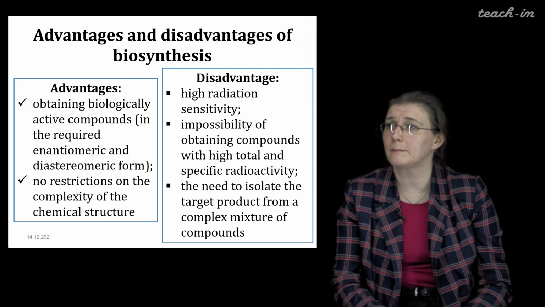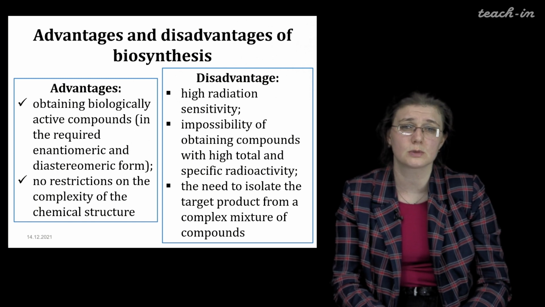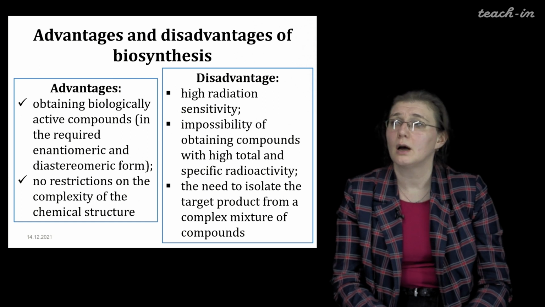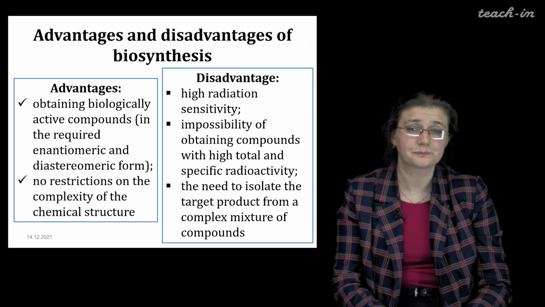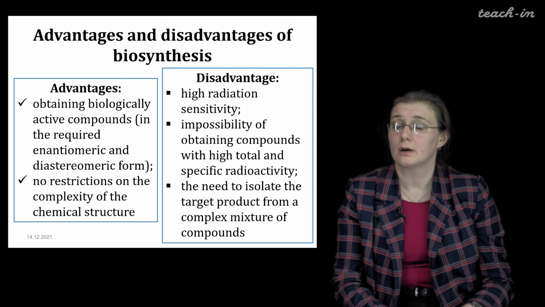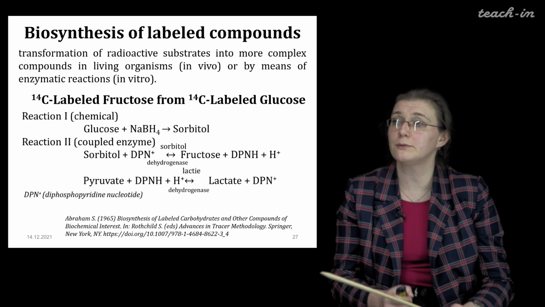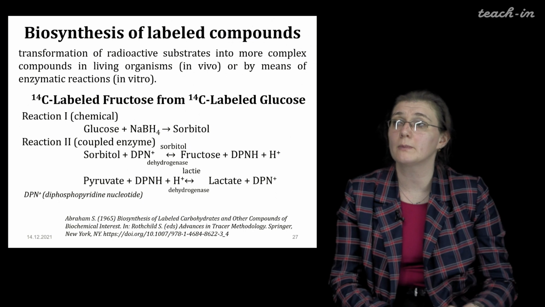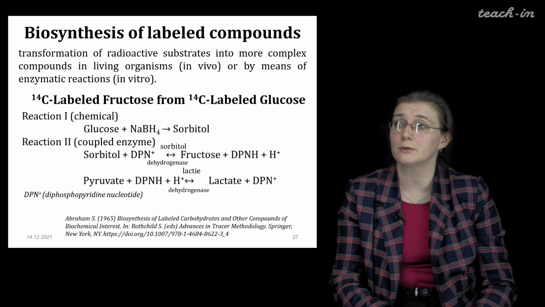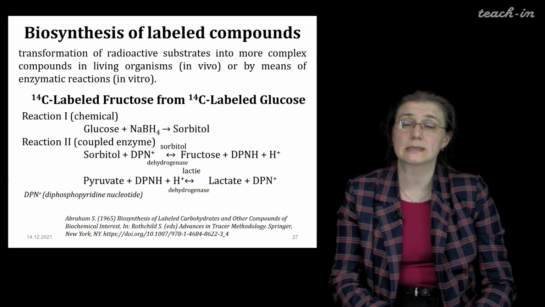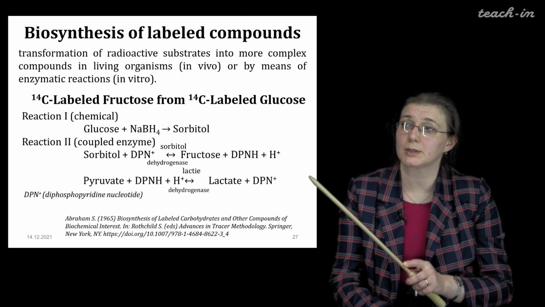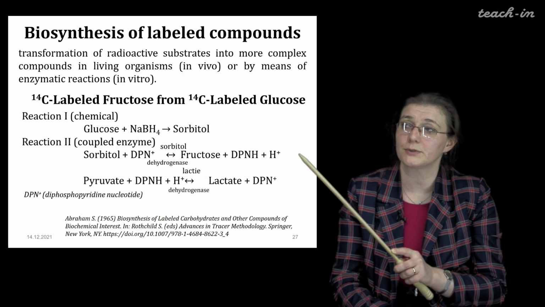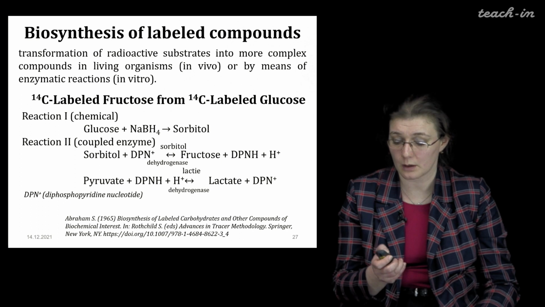And biosynthesis is also used in chemistry and biochemistry to prepare specific compounds. If we use, as here, a compound that contains a radioactive label, for example labeled fructose, after an enzymatic reaction we can obtain carbon-14 labeled glucose.